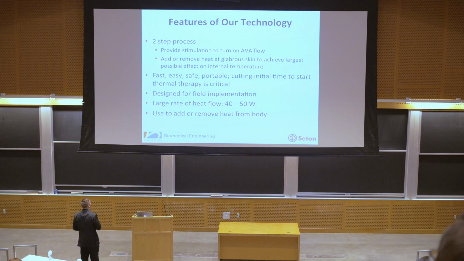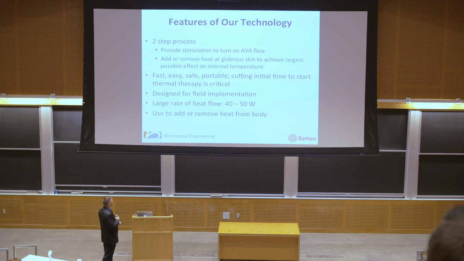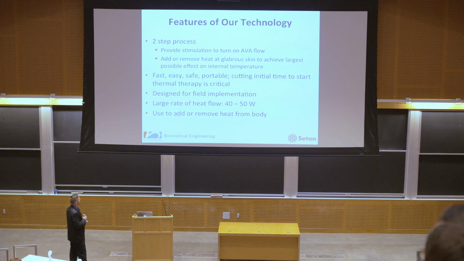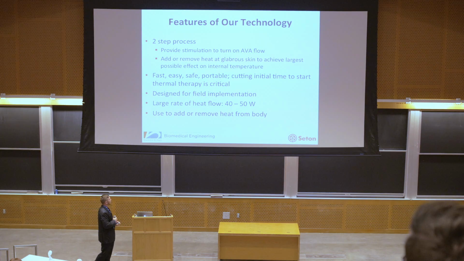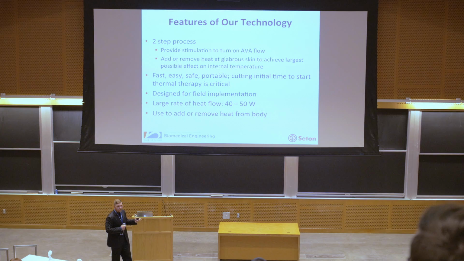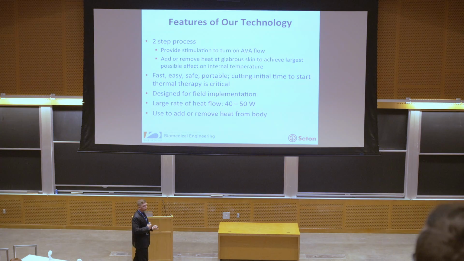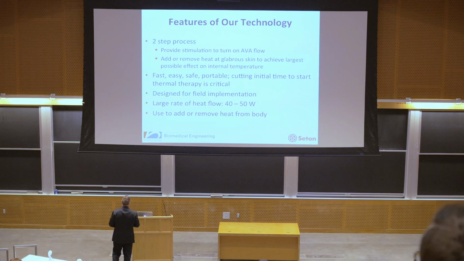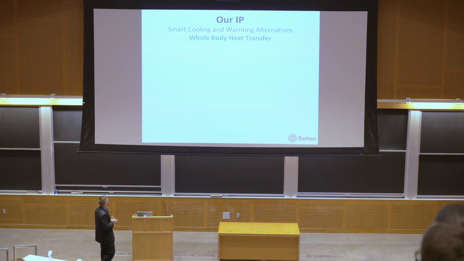The future of this technology is that it's very ubiquitous. It can be used in many applications, but generally it's to provide this stimulation to turn on the AVA flow and add or remove heat very safely, very easily to achieve ideal thermoregulation. Applications in military and sports and medical field are almost endless. So that's basically the concept.